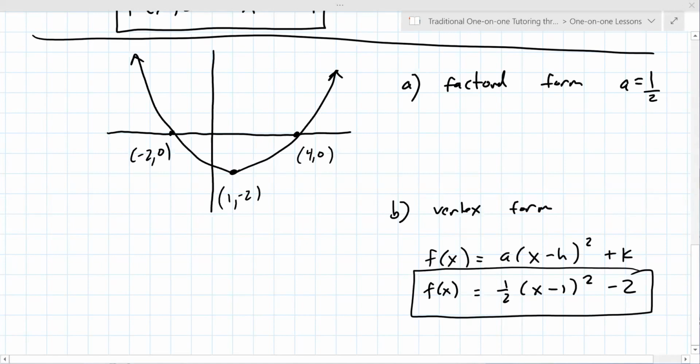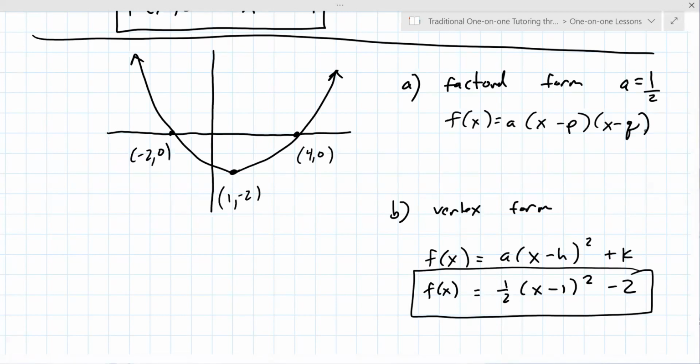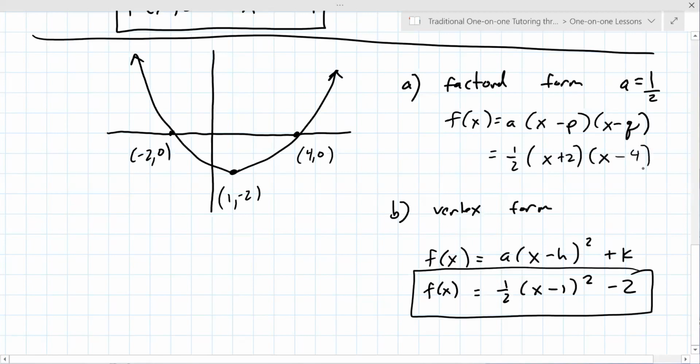Okay, so I guess for factored, f(x) equals a(x minus p)(x minus q), and then that would be 1/2 (x minus (minus 2)) and then another parenthesis, (x minus 4).